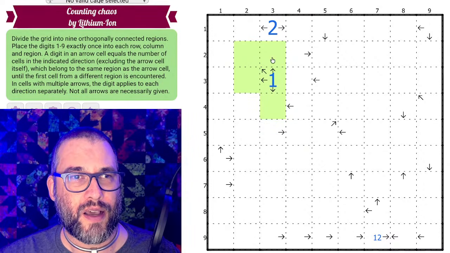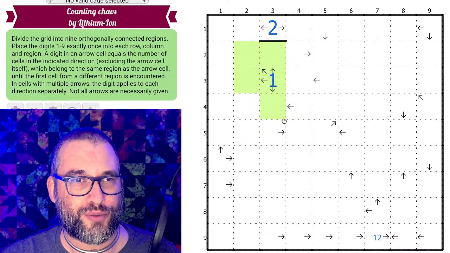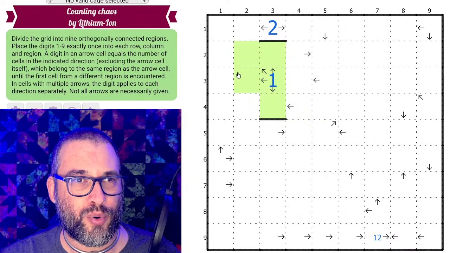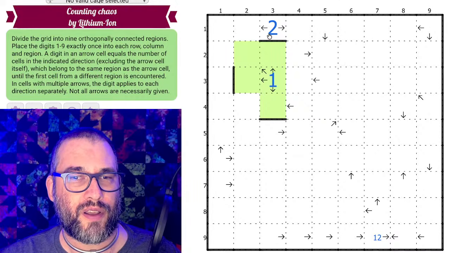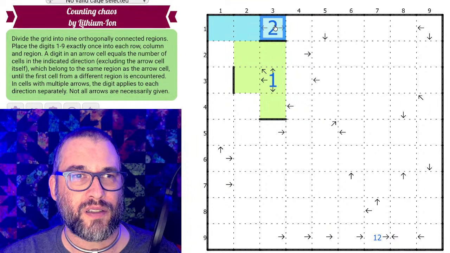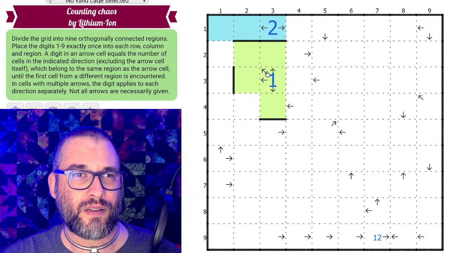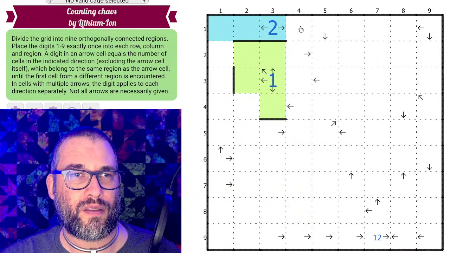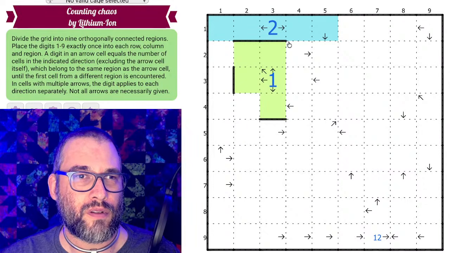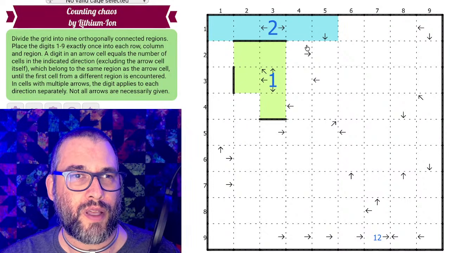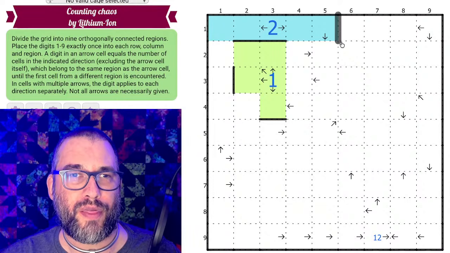And it's not, so we can draw our borders in these directions. These are a separate color. Border there. These are both blue. Border there.